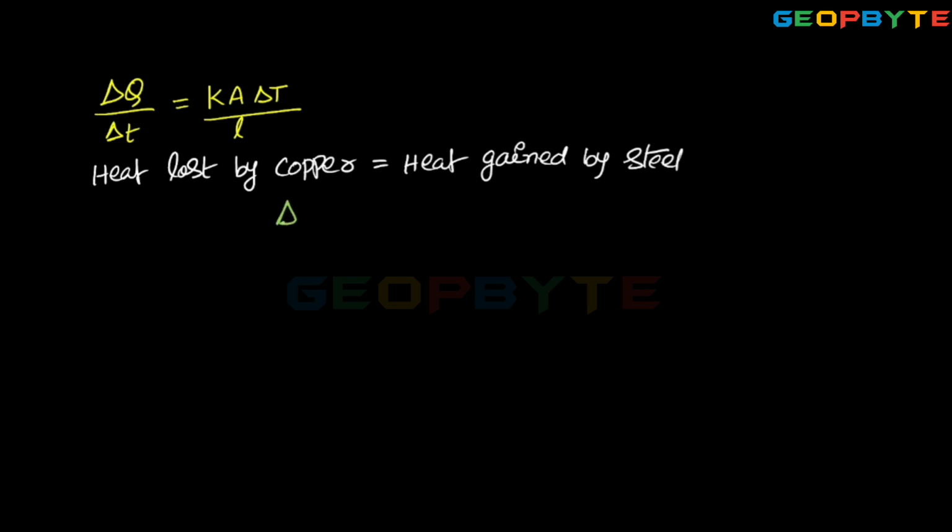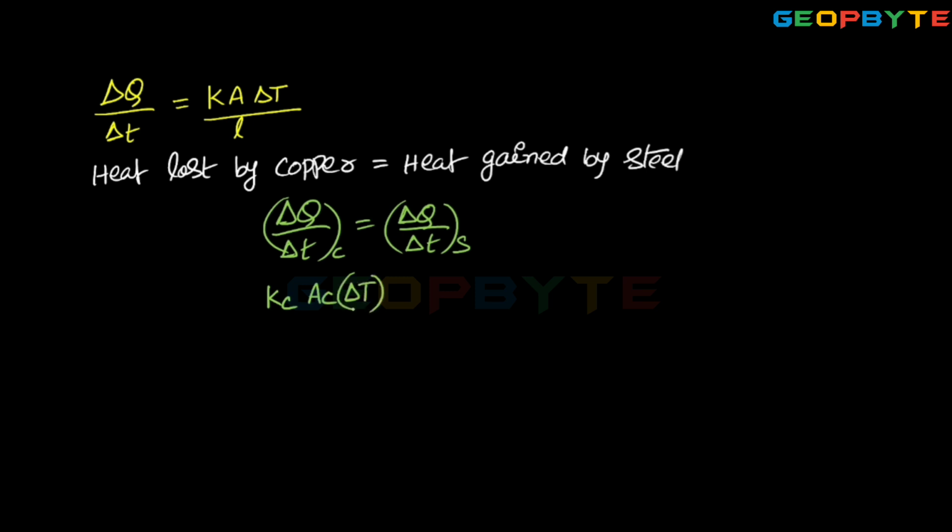That is delta Q by delta t for copper equals delta Q by delta t for steel. So here it can be written as Kc into Ac into delta T for copper divided by length of the copper rod. It must be equal to thermal conductivity for the steel material into area of cross section of the steel rod into delta T for the steel rod divided by length of the steel rod.